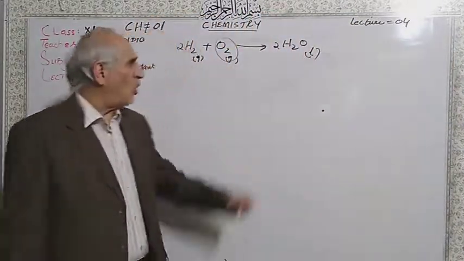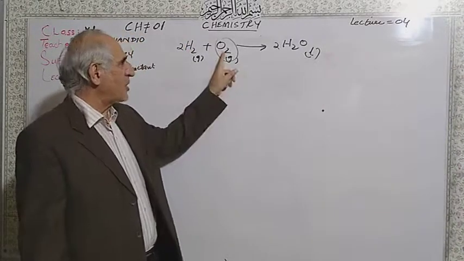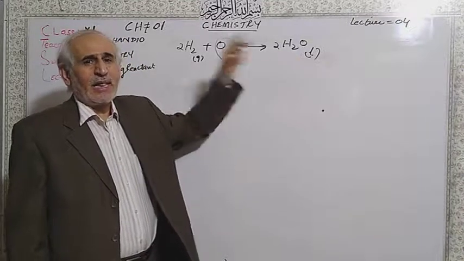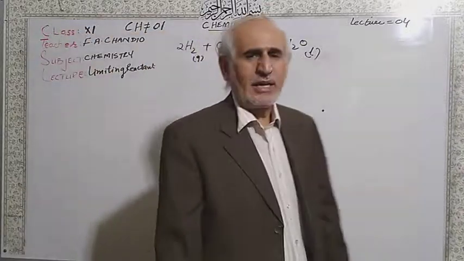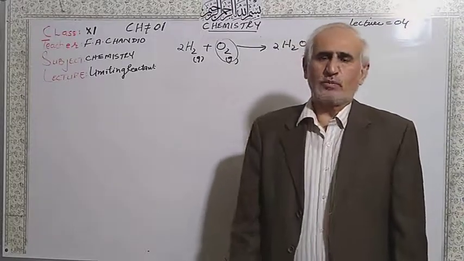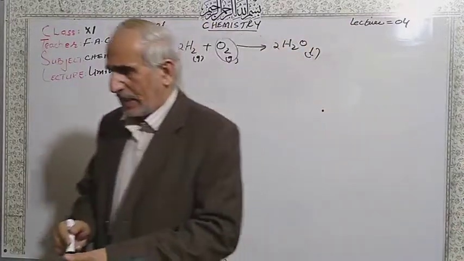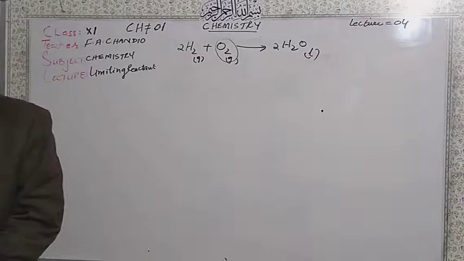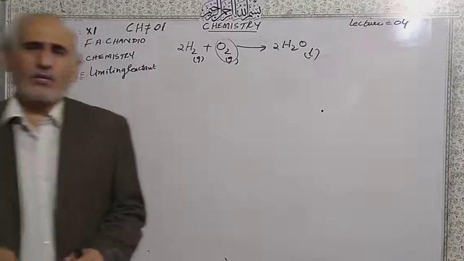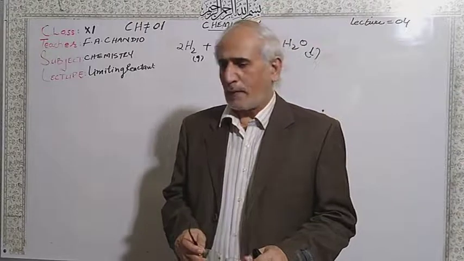Without oxygen, water is not going to be formed. So automatically the chemical reaction will stop. No water is produced. So this oxygen is called the limiting reactant. The reactant which is consumed earlier and the chemical reaction stops is called the limiting reactant.